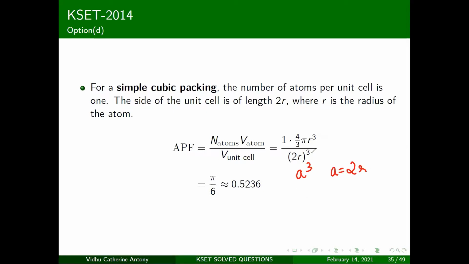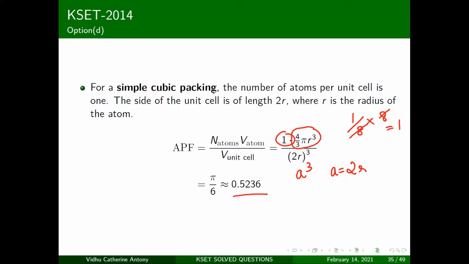So you have (2r) whole cubed, and 1 is the number of atoms in the unit cell that you found out, because 1/8 is the contribution from each of the corners of the unit cell. You multiply that 8 times, so you have 1 atom inside the unit cell. So 1 times 4/3 pi r cubed, which is the volume of the atom itself. Once you substitute this and simplify it, you end up getting a packing fraction of 0.52 or so.